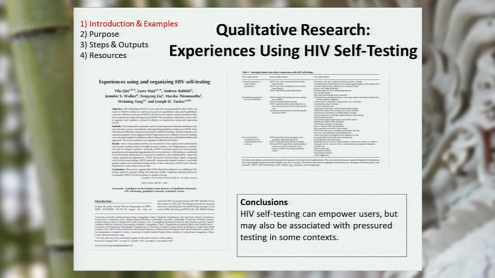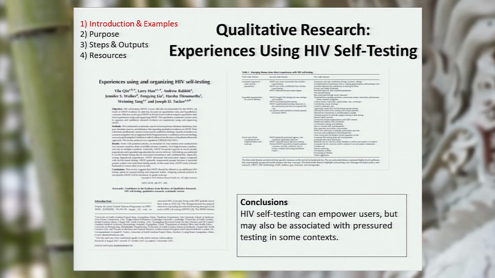And in this evidence synthesis, we found that HIV self-testing can empower users, but it also might be associated with pressured testing in some contexts. And this is a newer method. So this idea of pooling qualitative research, there's a reference at the end that refers to more information about qualitative syntheses.